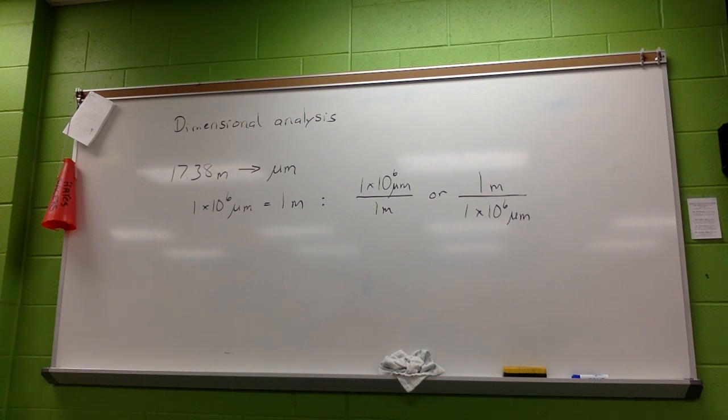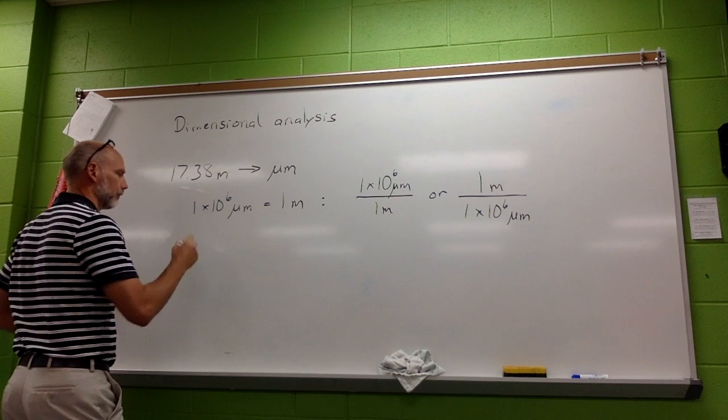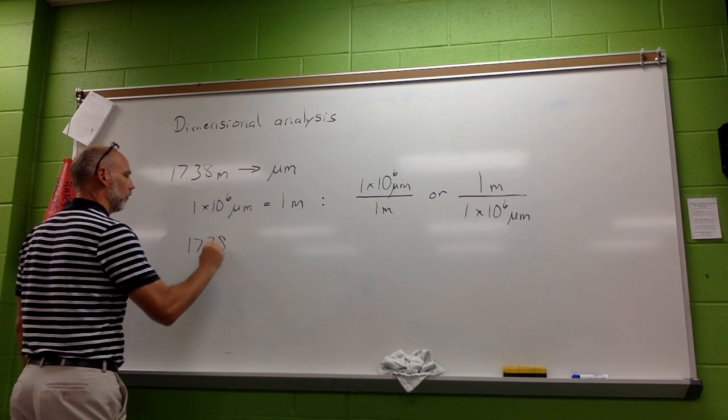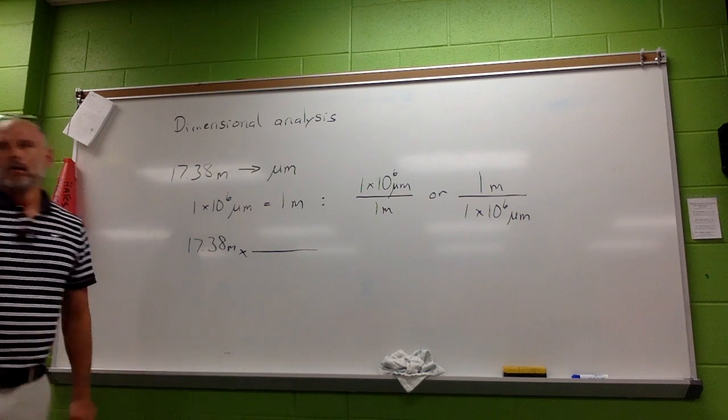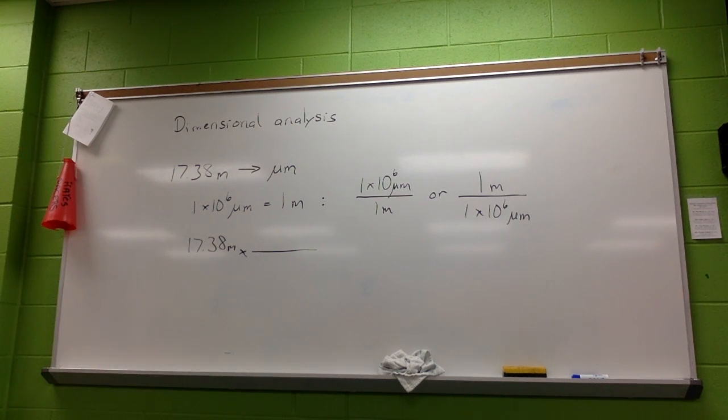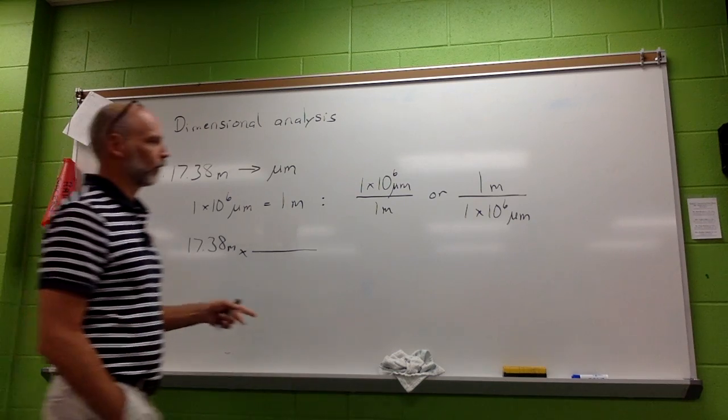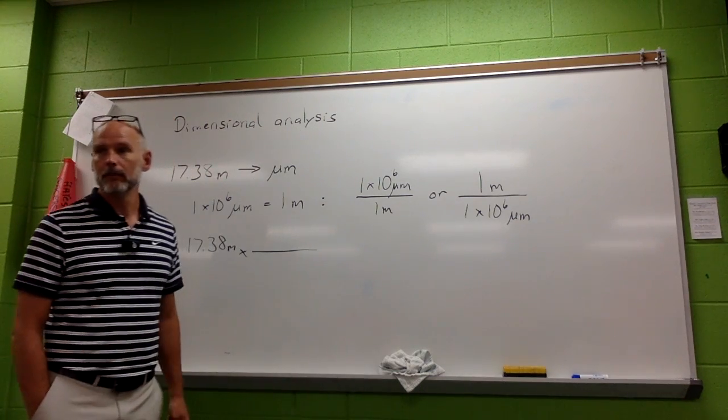Which one do you use? Well, it depends on which one you need to make the conversion in question. So our conversion in question is this. So in a multiplication type idea here, which of those two possible conversion factors would be the appropriate one to use here?